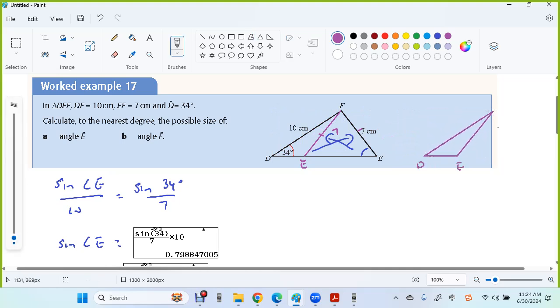This is triangle DEF here: this side is 10, this side is 7, and this angle is 34 degrees.